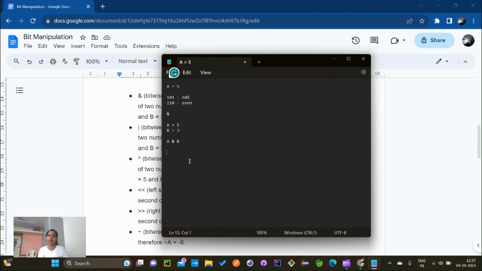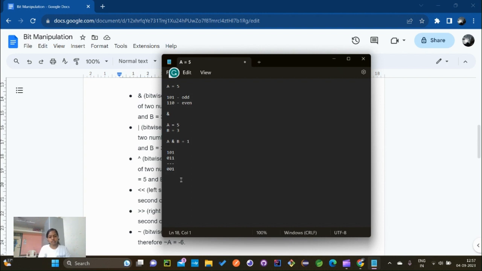If it is zero and one, then also it's zero. If it is zero zero, then also it is zero. If it is one and one, then only the output will be one. So here, if I represent it in binary, 1 0 1 and 0 1 1, the output here is 0, here is 0, and here is 1. So A AND B is equal to 1.